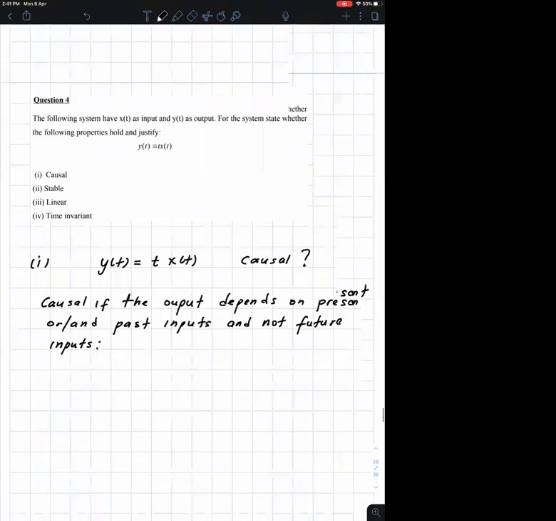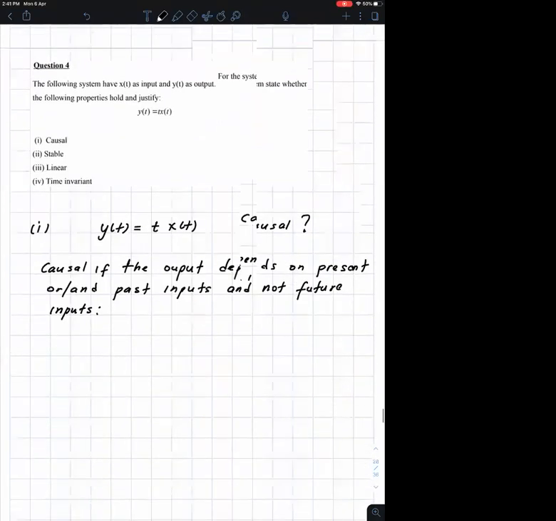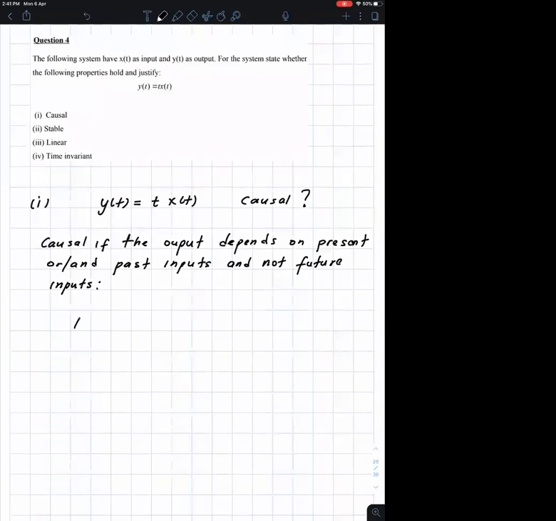For example, you can try any number. For an output when t is equal to 1, the output is 1 times the input, which is also 1.